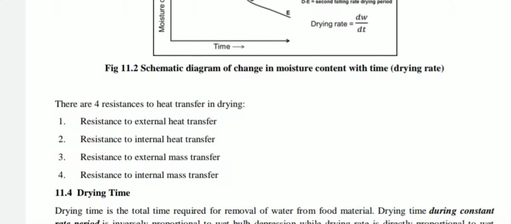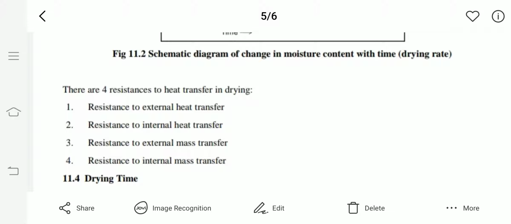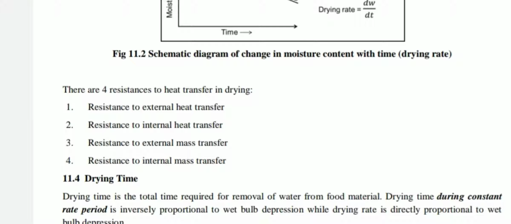The first is the resistance which the surface of the food creates for the external heat transfer, that is the transfer of water vapor through the capillary force. Then resistance to internal heat transfer means the release of water present within the cell to the intercellular space.